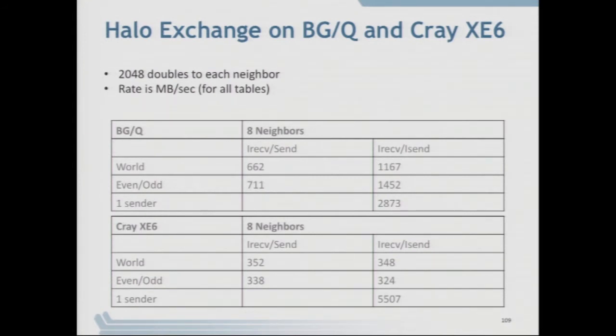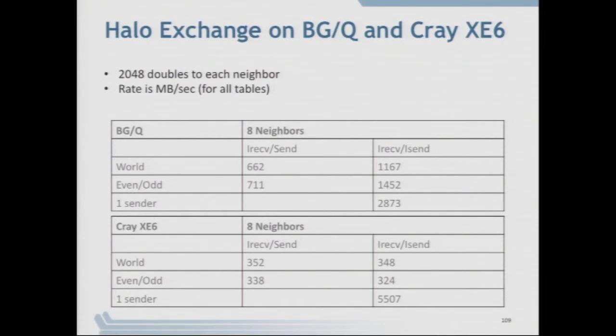And you can see a number of other effects too. So for example, when I ran this with 8 neighbors using the I-receive send, so that was the bad thing in the morning, the effective bandwidth was about 660 to 700 megabytes per second.